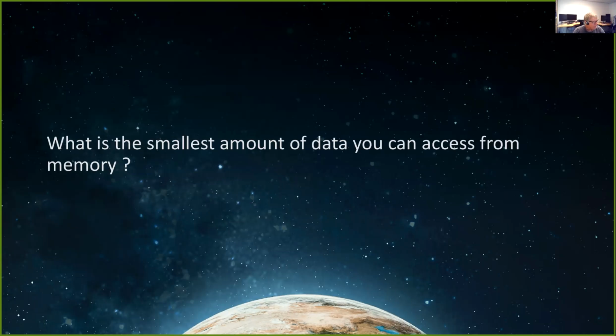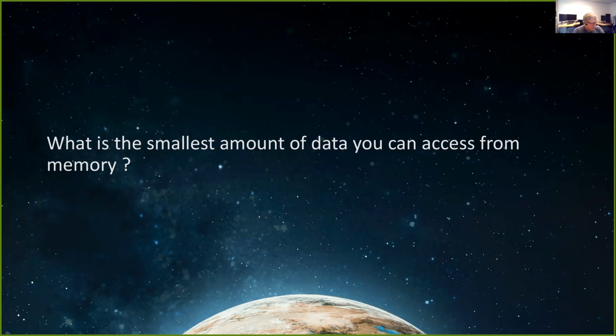So, question. I'll answer it shortly so you don't have to think too much. What is the smallest amount of data you can access from memory? Most people that are not computer scientists would say a character or a byte is the smallest amount you can request or access from memory, which is correct.